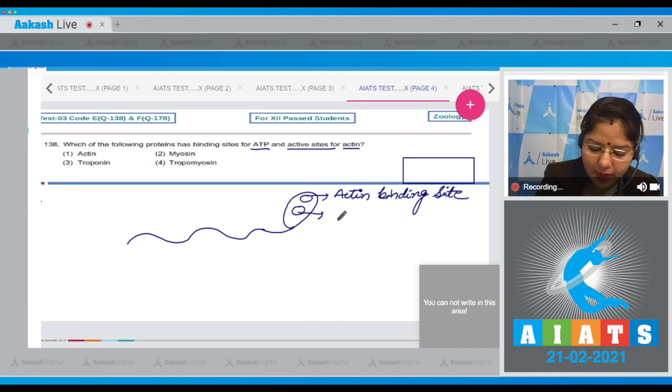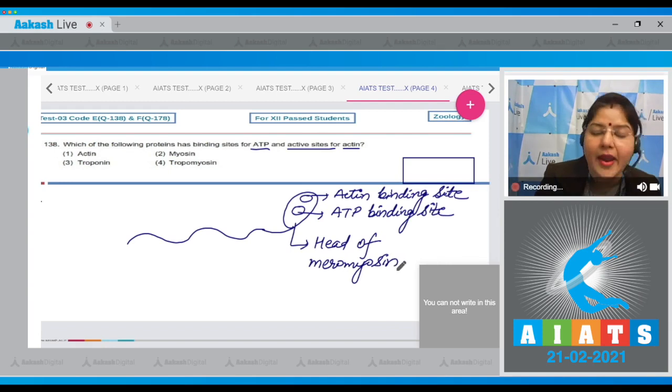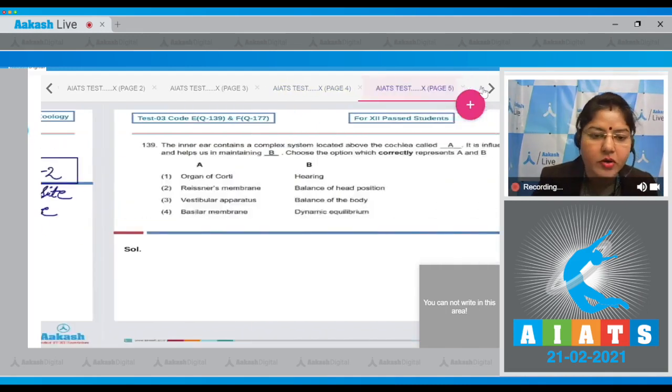And this is the ATP binding site. This is the head of meromyosin. And many meromyosin proteins polymerize to form the myosin protein. So the correct answer to this question is option number 2. Let's move on to the next question.